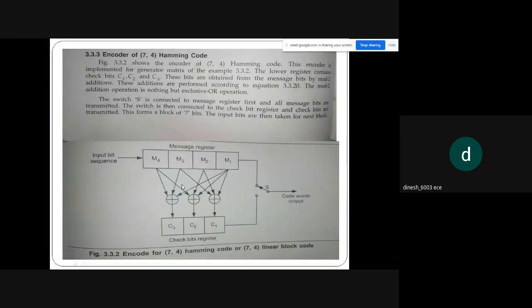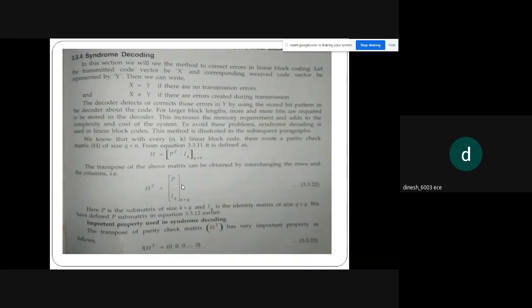So after the encoder of Hamming codes, we have the decoder. In decoding, we'll be using syndrome decoding to correct errors in linear block codes.